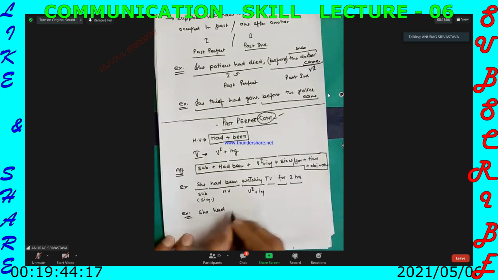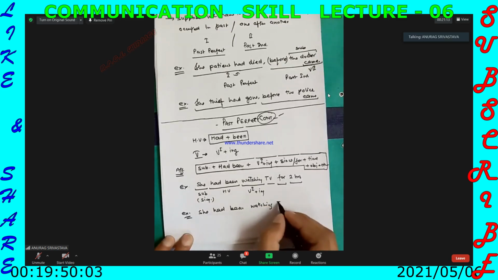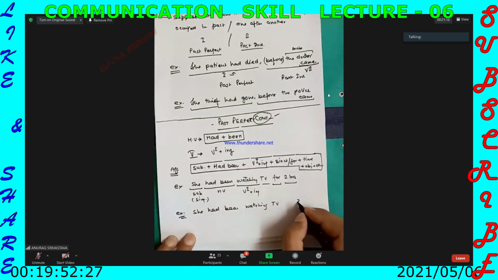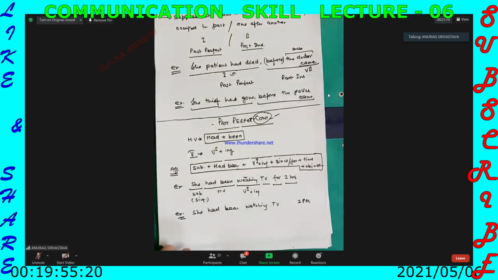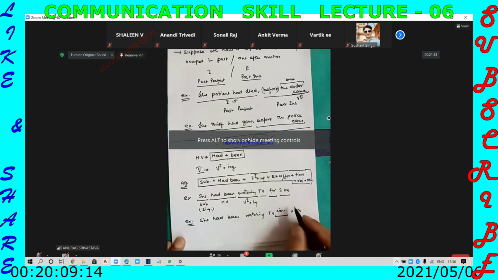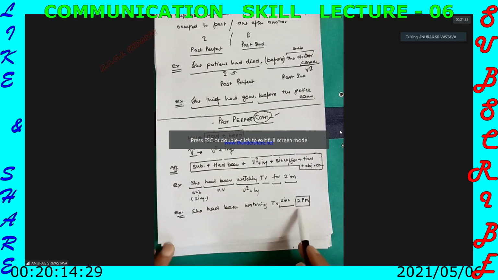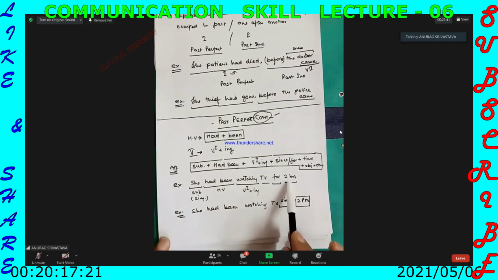Then she had been watching TV 2 p.m. What will we place here, either for or since? Out of these two words, we will use since here, because here is a timing which is definite. It is the exact timing given in the sentence. In the earlier one it is not the exact timing, so we were using for. So that is the difference between since and for.